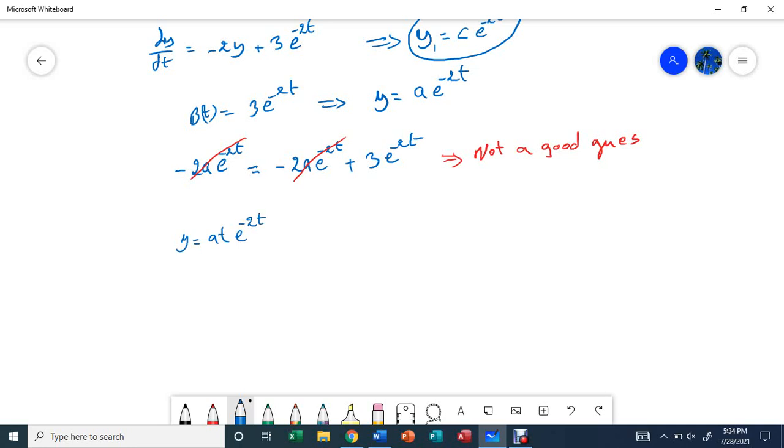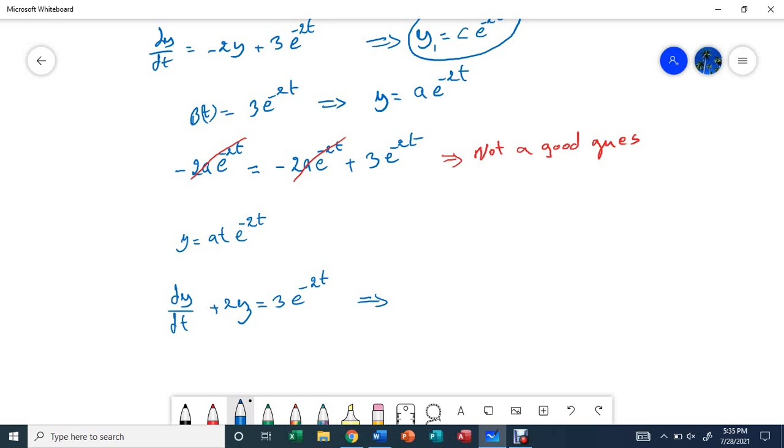and the same thing here, dy over dt plus 2y equals 3 times e to negative 2t. So using the product rule here, because I have two functions, t and another function e to negative 2t.